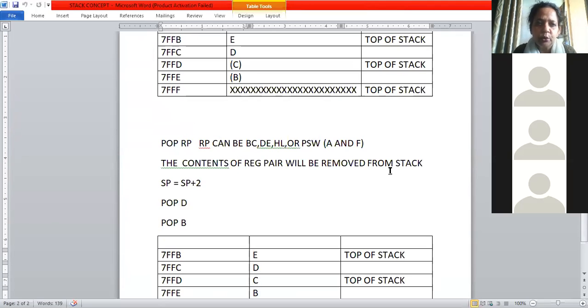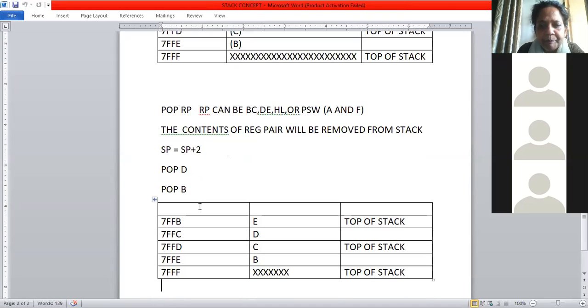Actually they are not removed, they remain in the stack itself, but the stack pointer will point to a different address. So the stack pointer will be incremented by 2. Now in this case, if I say pop D and pop B, earlier this was my top of the stack, right? So when I say pop D, these two contents will go into the D and E register pair.